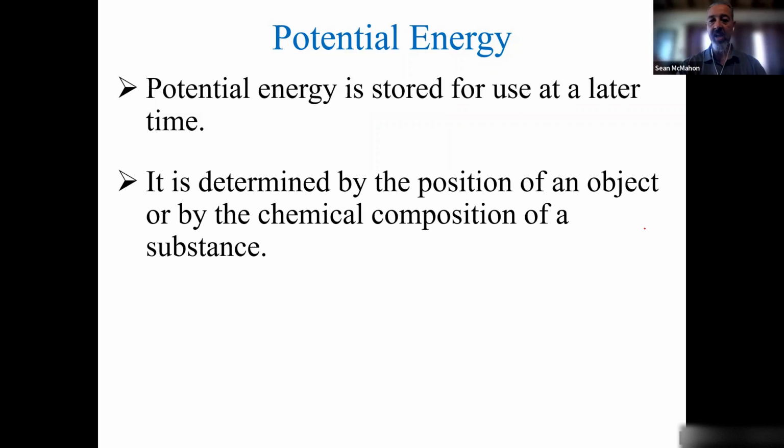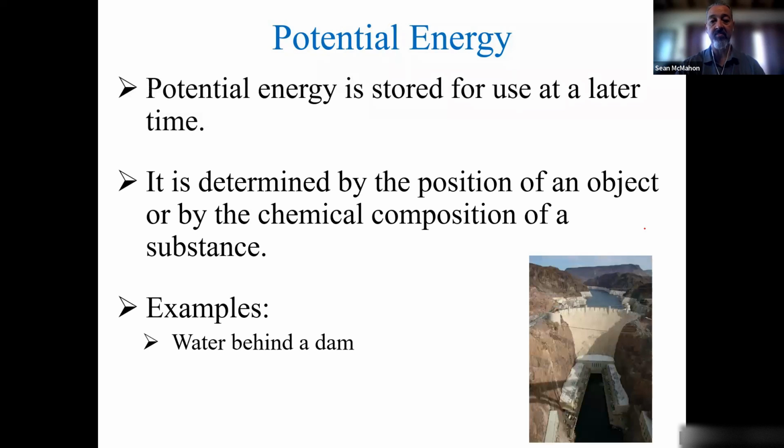So how can you recognize whether or not something has potential energy? Okay, so let's take a look. Water behind a dam. This water has potential energy because it's stored, because really water wants to roll downhill and move, right? Movement, motion, kinetic energy.